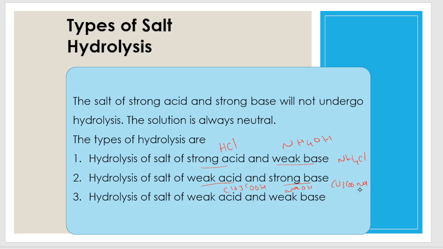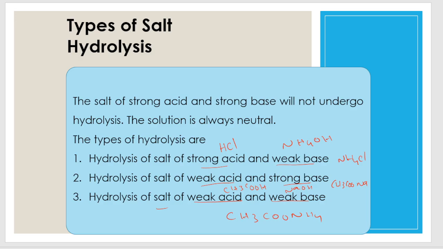If we take the aqueous solution of this sodium acetate, let us see whether the solution is acidic, basic or neutral. Similarly, the salt of a weak acid and weak base. The best example is ammonium acetate, CH3COONH4.